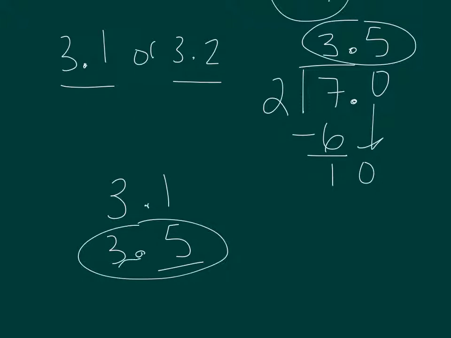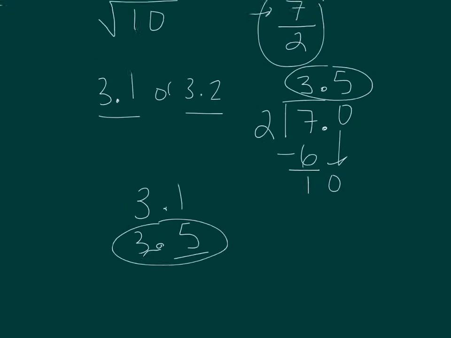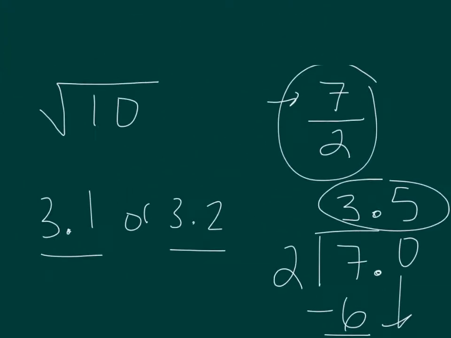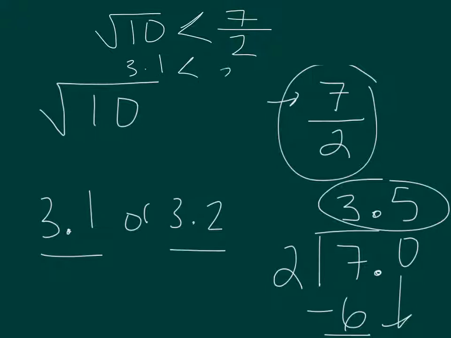So I want to go back and look at my original two numbers. I had the square root of 10 and 7 halves. I know that my square root of 10 is less than 7 halves because 3.1 was less than 3.5.